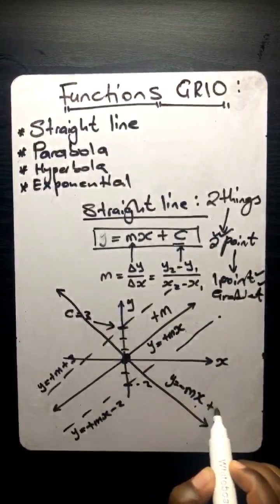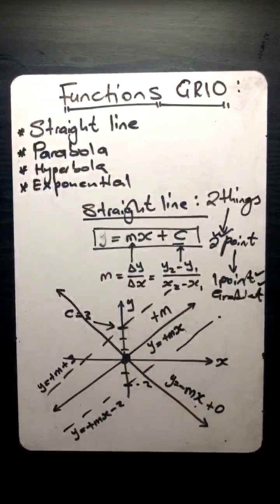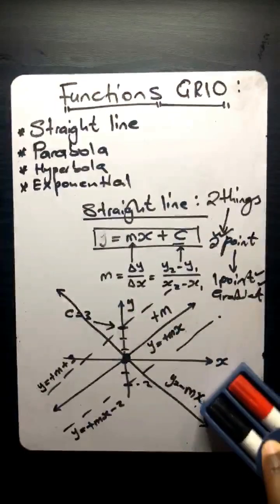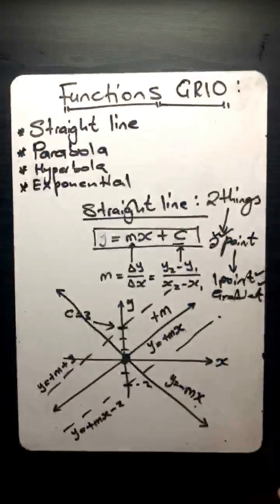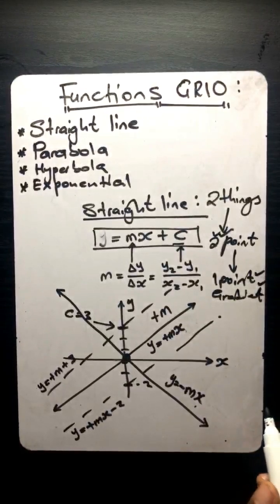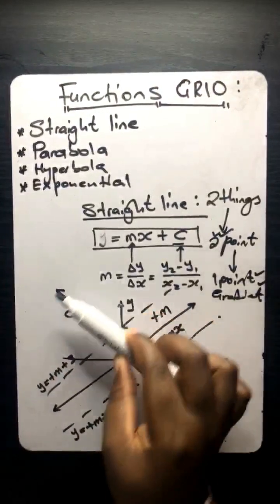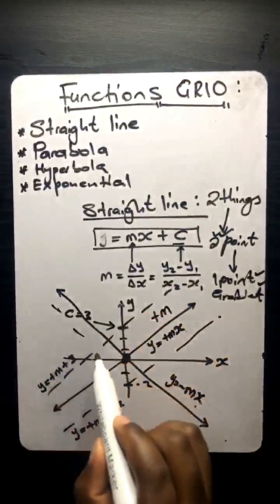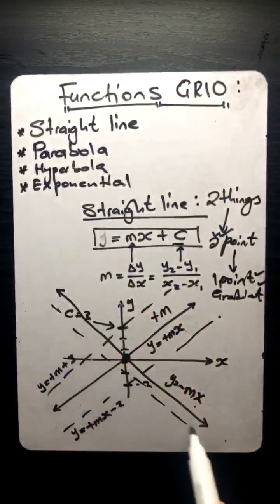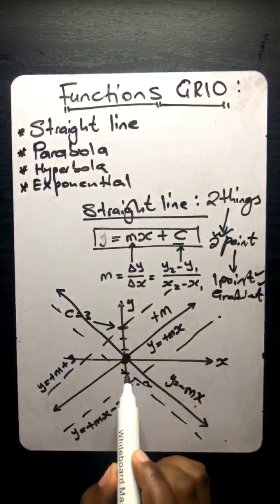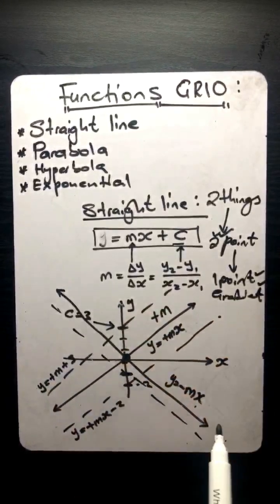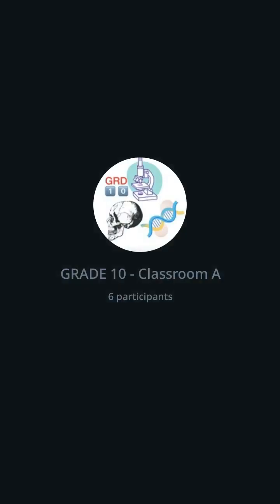There the y-intercept is 0, so let's not write a 0 there because it's not necessary. Most importantly, this line can shift either upwards or downwards. Let's say it has shifted downwards and this is how it looks. It cuts the y-axis on the negative side, below the origin.